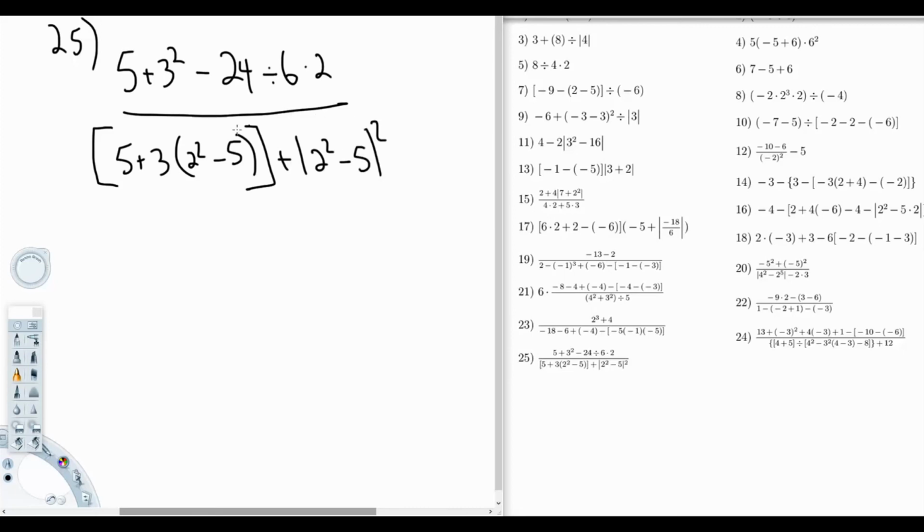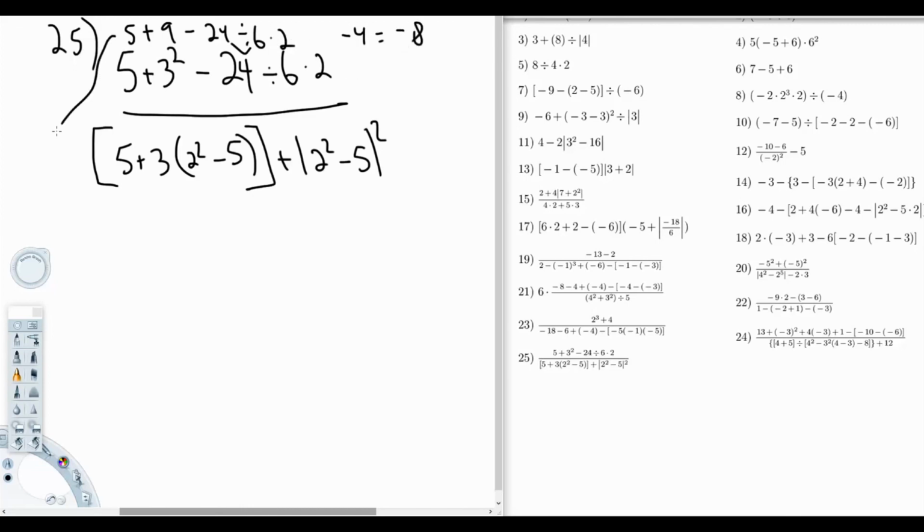Let me square that. Let's start with the top. I get 5 plus 9 minus 24 divided by 6 times 2. So minus 24 divided by 6 equals minus 4. Minus 4 times 2 equals negative 8.